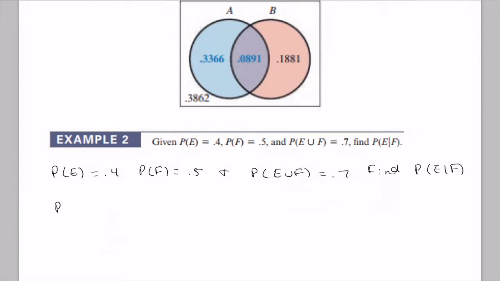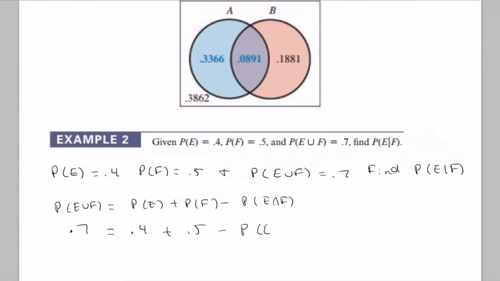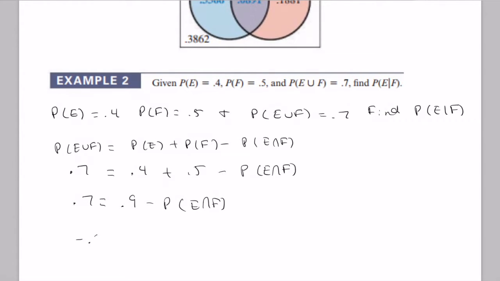So we have to use past theorems: P of E union F is equal to P of E plus P of F minus P of E intersection F. So that's 0.7 equals 0.4 plus 0.5 minus P of E intersection F. That's 0.7 equals 0.9 minus P of E intersection F. So negative 0.2 equals negative P of E intersection F, which means the probability of E intersection F is 0.2.